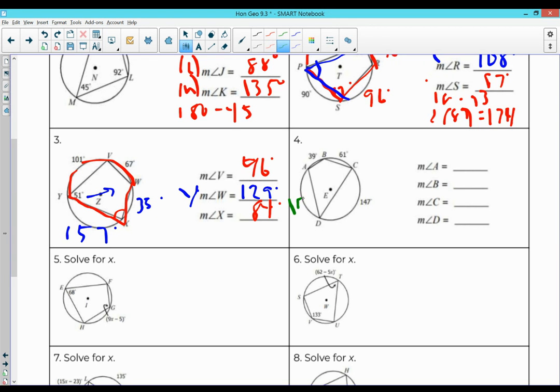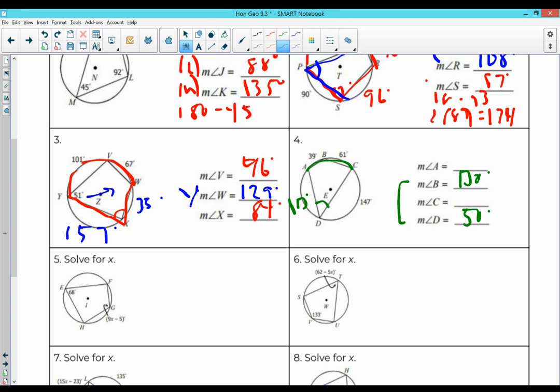So it's 113 degrees here. So let's find angle D first. So it's going to be half of the sum of 39 and 61. So that's 50 degrees. Angle D is coupled with angle B. So that'll be 130 degrees.